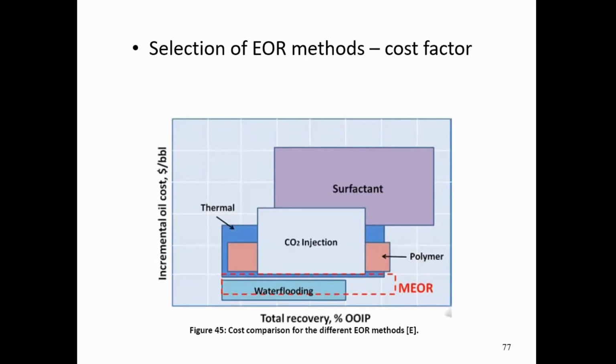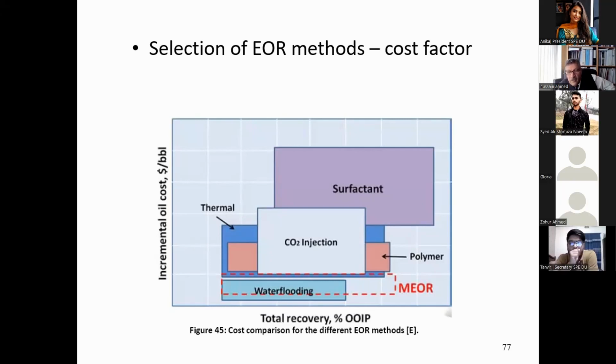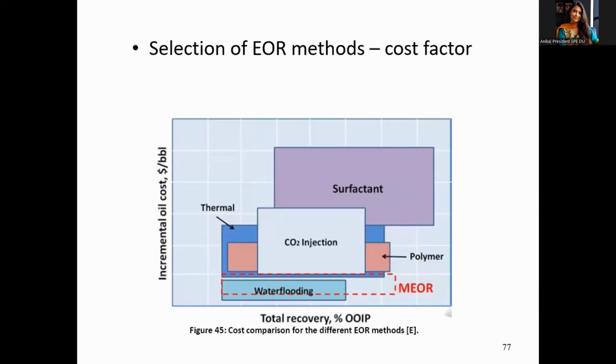So it could be used as a tertiary. I'm sure in Bangladesh you produce, nowadays, this is the season I think of mango. Now it is mango season in Bangladesh. You have such beautiful mangoes, don't you? So you can use some of the mango juice for fermentation and produce biosurfactant or bioethanol, biosolvent, which could be used for tertiary.